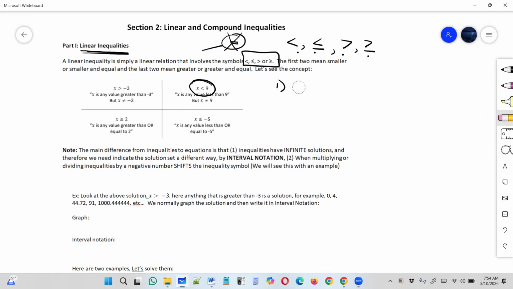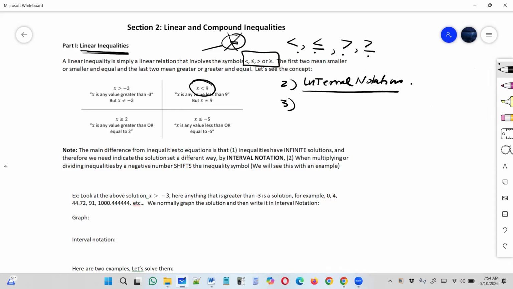So that's number one. Number two, the answer is going to be expressed in what we call interval notation, okay? And I'm going to show you what that is in a minute.